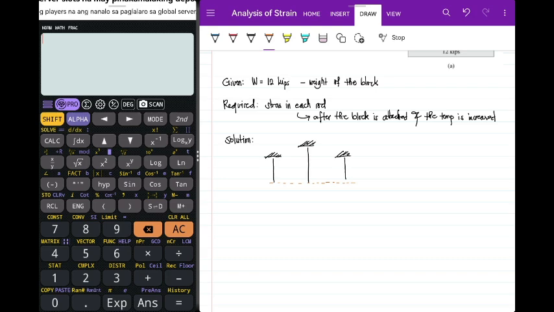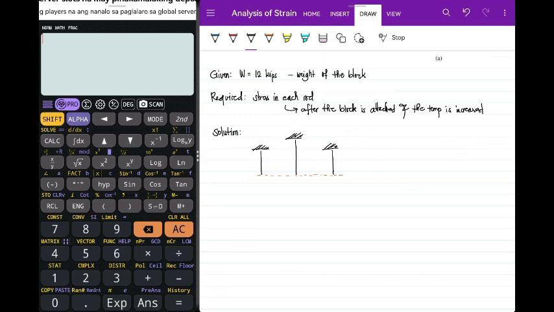Just like what was provided in the lecture video, it is always best to make some sketches and draw free body diagrams because it will really help in solving these kinds of problems. So let's say we make a cut there.